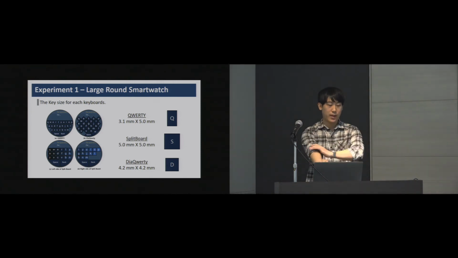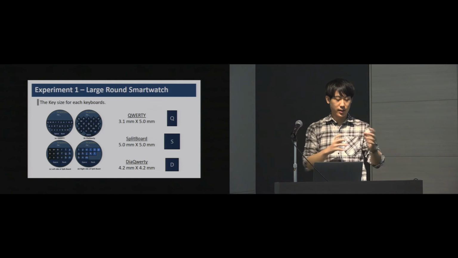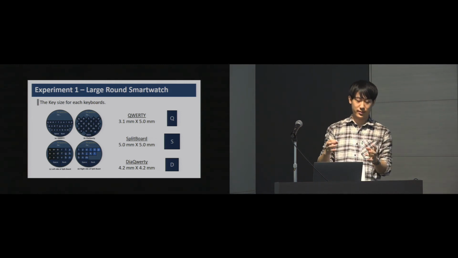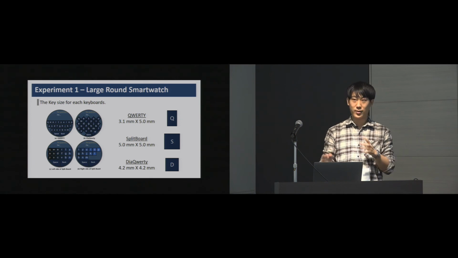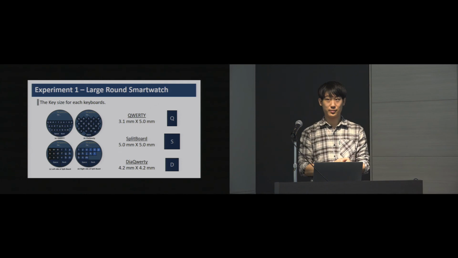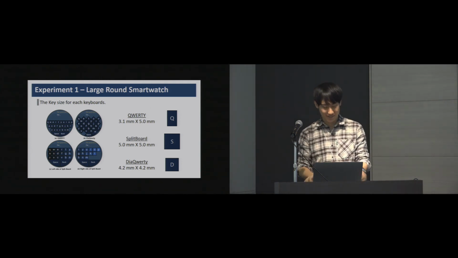I think DiaQwerty has an unfamiliar layout, so people may consider more carefully when inputting keys on DiaQwerty. So DiaQwerty has the smallest error rate. Okay. Yeah, and I think that's very interesting. Thank you.